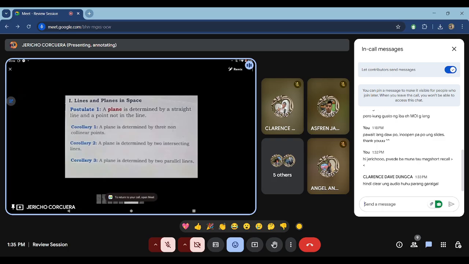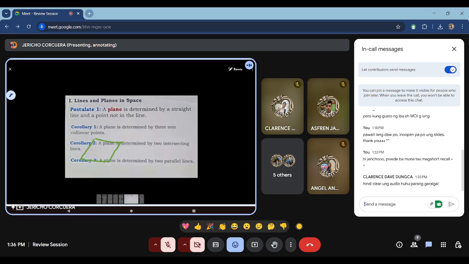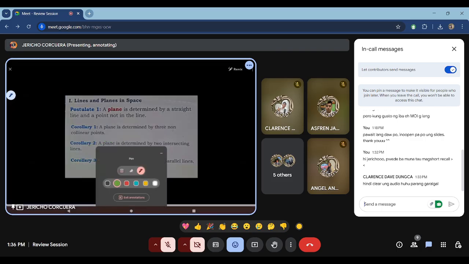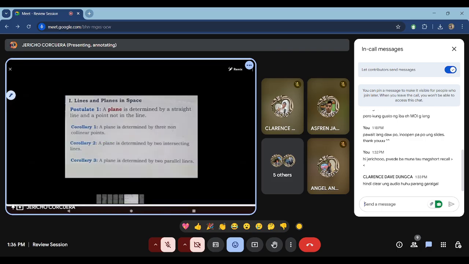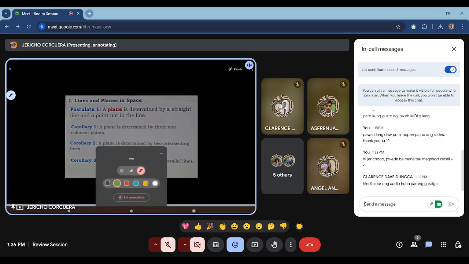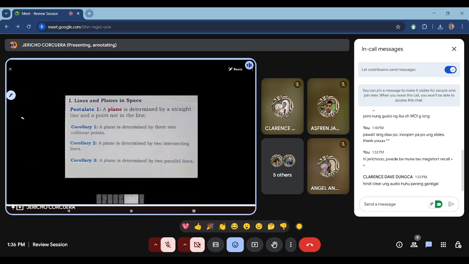Continue natin tong postulates. We have postulates given here na ang plane is determined by a straight line and a point not in the line. Merong line tapos isang point. Draw ko siya sa gilid. Ayan, isang line and isang point not on the line yan.